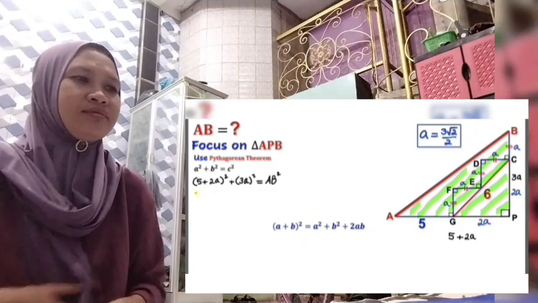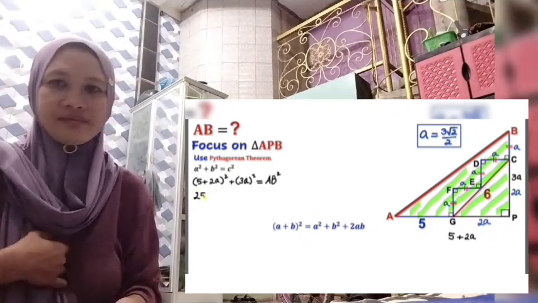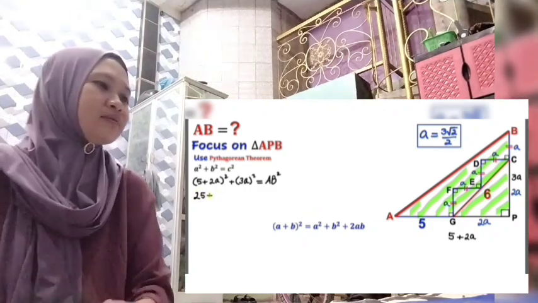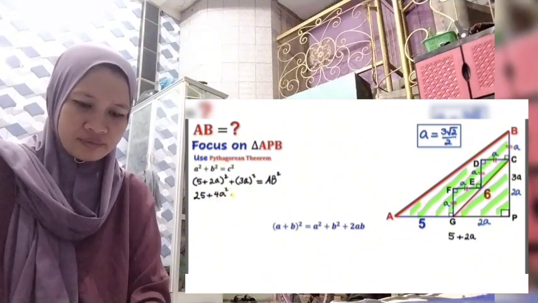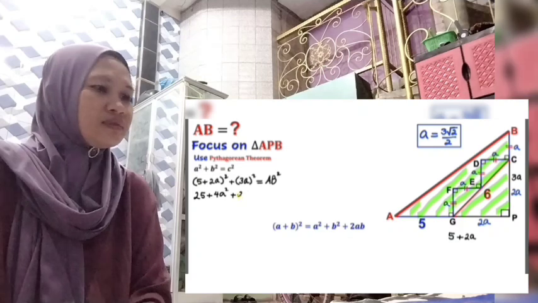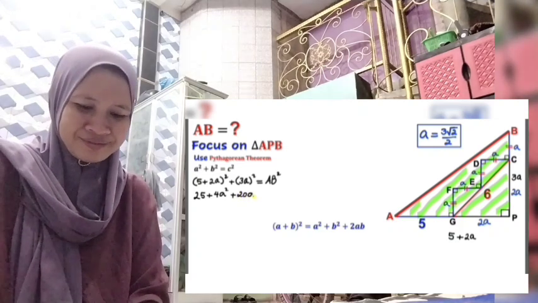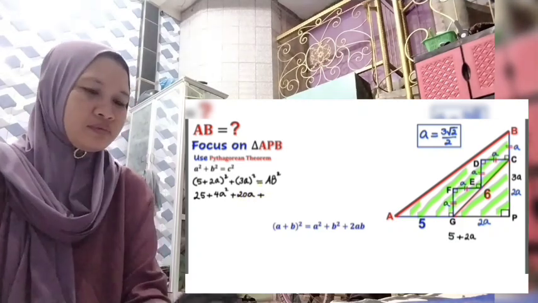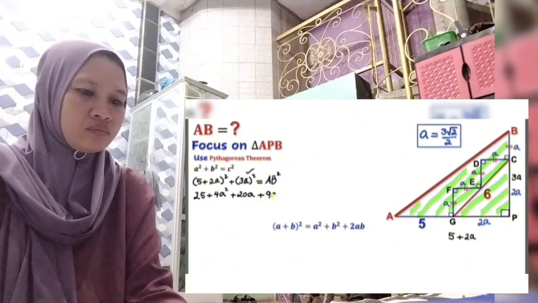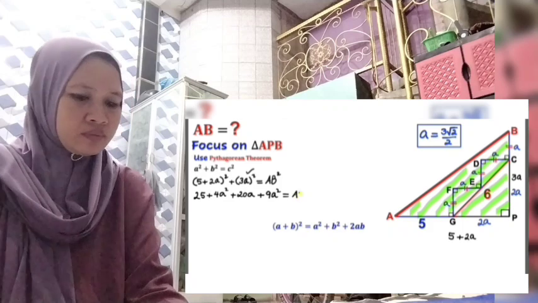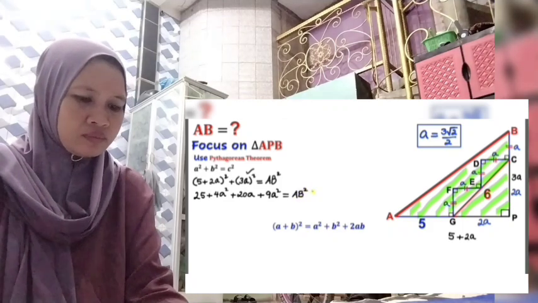So therefore we can write this one as 25 plus 4 times a square plus 20 times a, plus now we're going to take care of this one, that is going to be 9 times a square, equal to AB square on the right hand side.